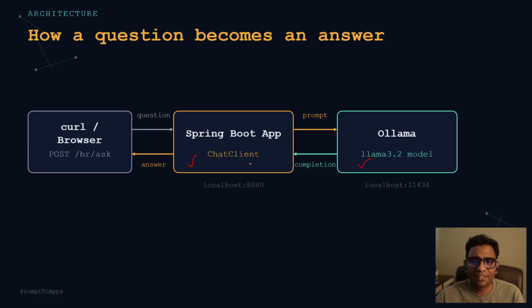Essentially, the chat client is going to communicate with the Llama model, and the response is served back to the client or the browser. That's how simple it is.